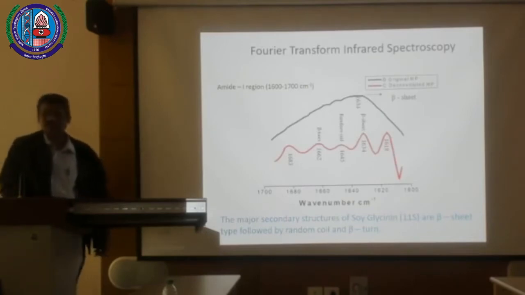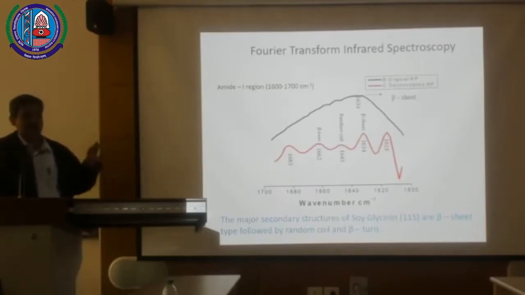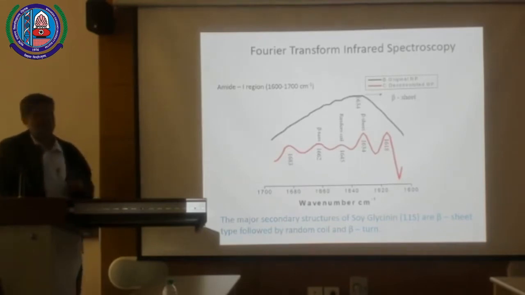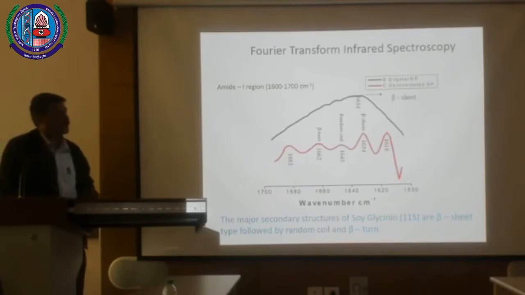Now, coming to the application of infrared spectroscopy, studying the structural aspect of the molecule. We all know the assignment of this; one table is there, which will come later.